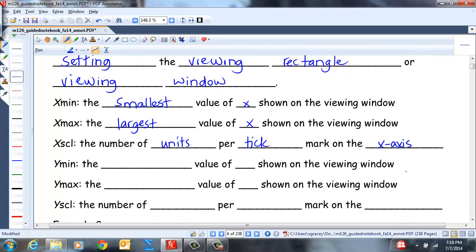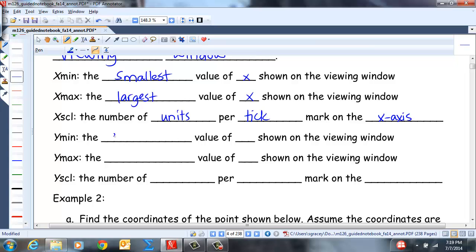So going back, real similar, y-min is going to be the smallest value of y shown on the viewing window. Y-max, the largest value of y shown on the viewing window. And y-scale is the number of units per tick mark on the y-axis.